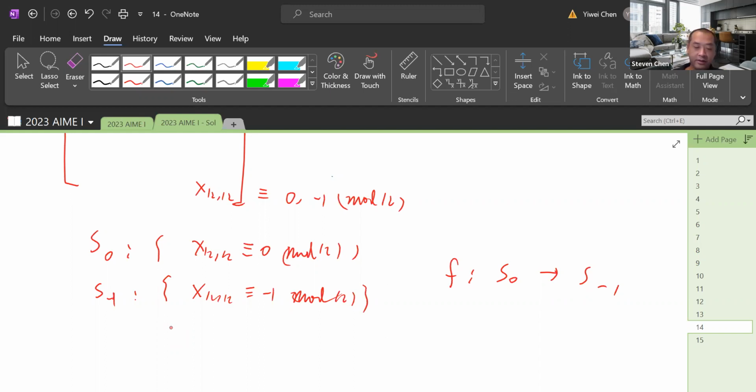Let's consider any matrix X, or any sequence of movements in S sub 0. This is how the function works. For each entry i, j, I map its value to the following one.